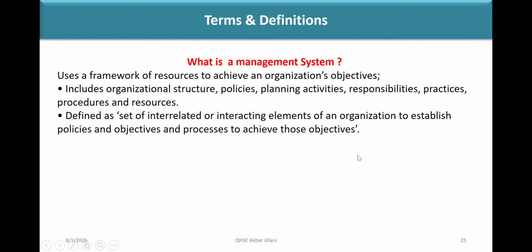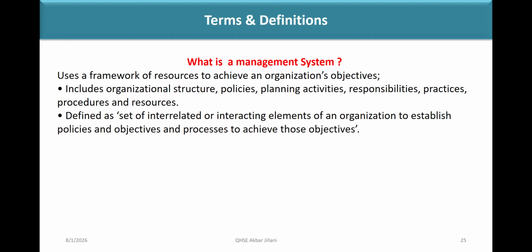First of all, when we develop the management system, the top document is the policy. After the policy, to support the policy, we develop our objectives.